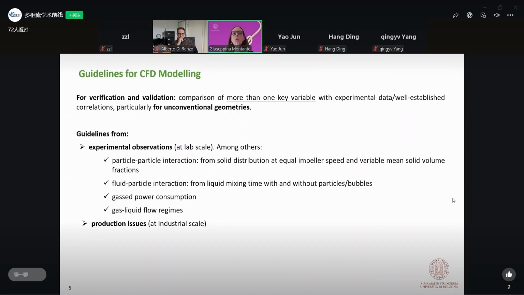So what we can do for going on and using CFD methods based on the two-fluid model for scaling up and down stirred chemical and biochemical reactors.